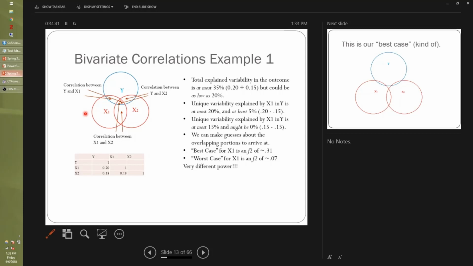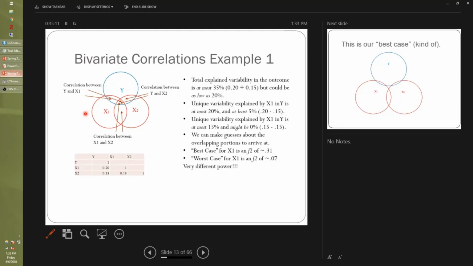Sorry. So the next bracket, the unique variability explained by X1 and Y is at most 20% and at least 5%, right? So it could explain 20% unique variability. It could be that this treatment and anxiety don't overlap at all, and 20% of the variability in this outcome is explained by treatment, but it could be again that they overlapped completely, and so only 5% of the variability is just due to this treatment effect.